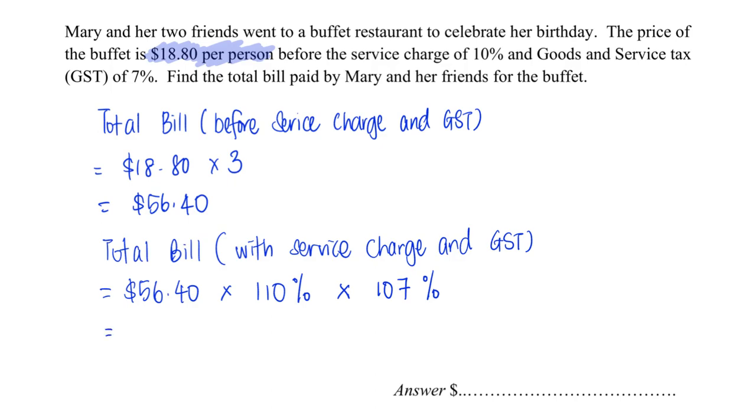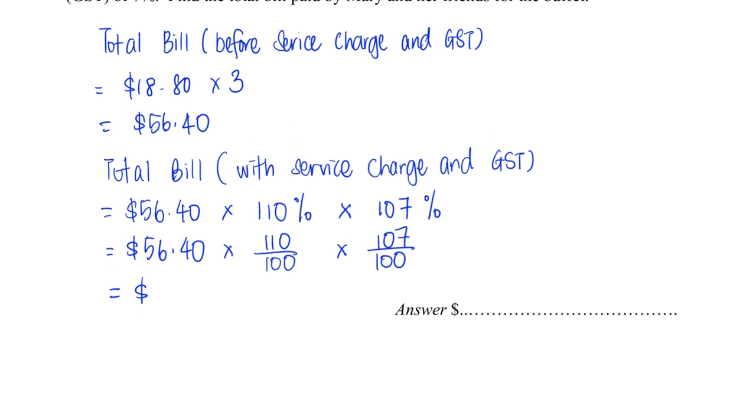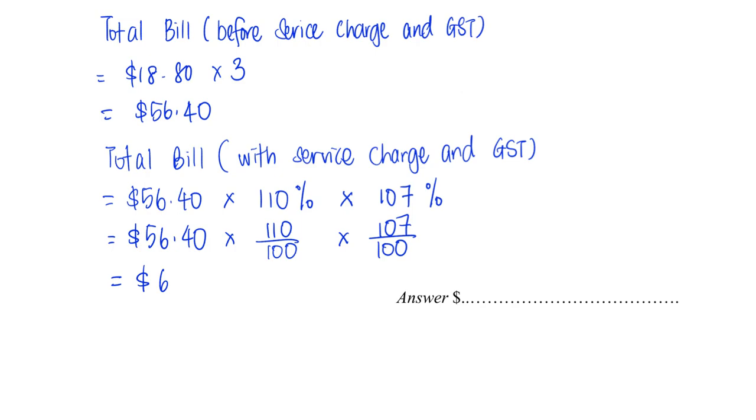Okay, so this one will be equal to 110 over 100, 107 over 100, and final answer $66.38 to the nearest cent.